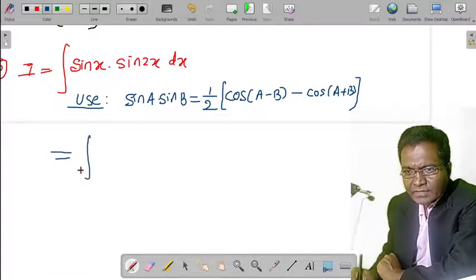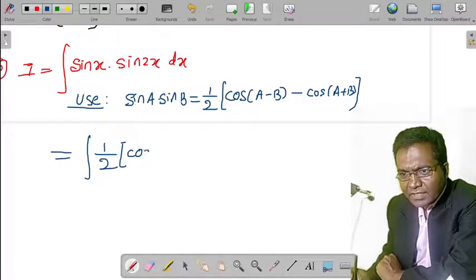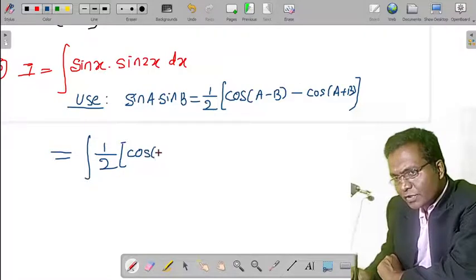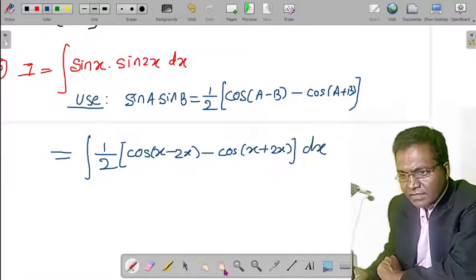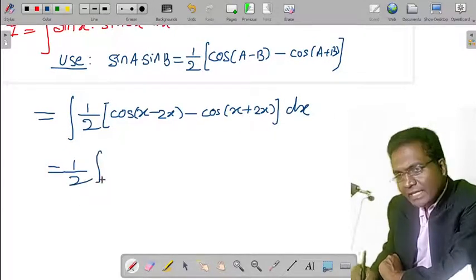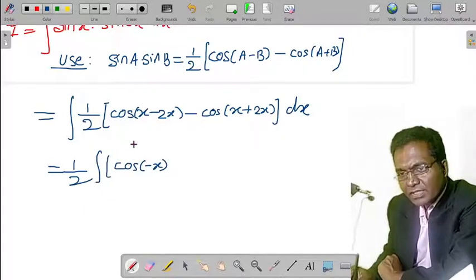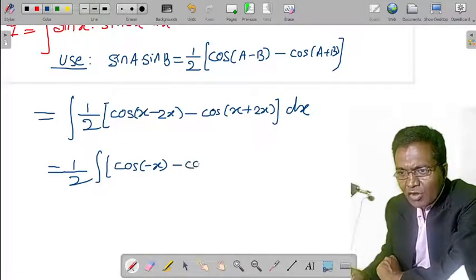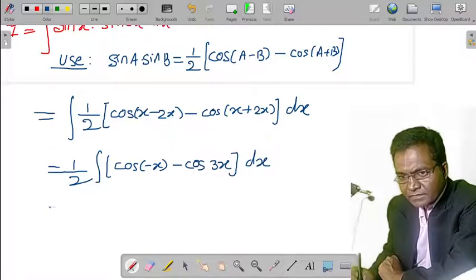So you can write it as 1 by 2 cos of A minus B, cos of x minus 2x, minus cos of A plus B, x plus 2x, into dx. It's 1 by 2 integration of cos of minus x, since x minus 2x is minus x, minus cos of x plus 2x is 3x, dx.